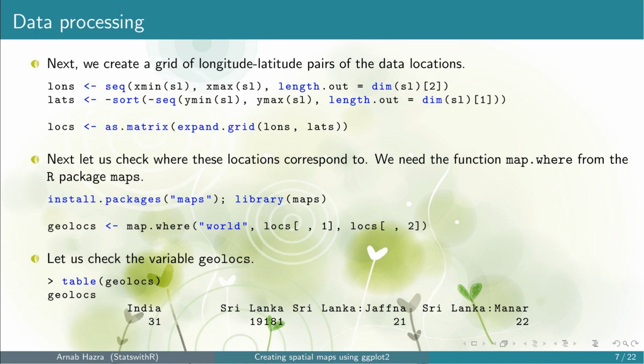And except NA, it includes 4 values: India for 31 pixels, 19,181 pixels for the mainland Sri Lanka, 21 and 22 pixels respectively for the 2 small islands Jaffna and Mannar. So total 19,224 cases for Sri Lanka.